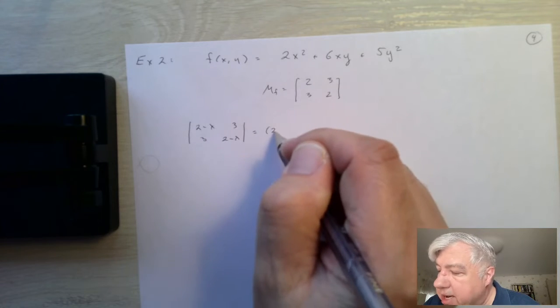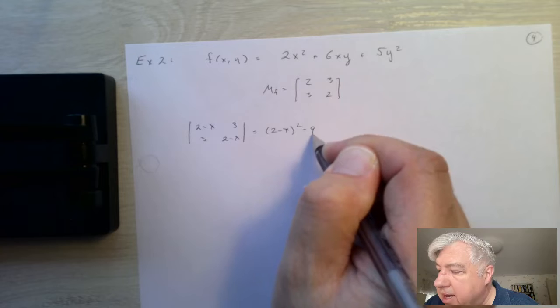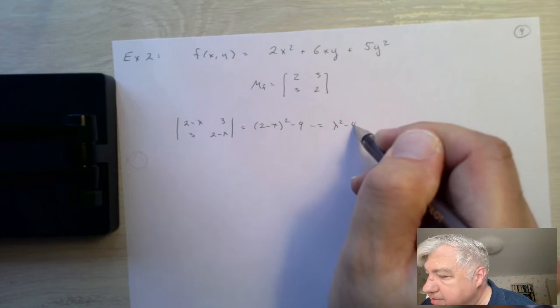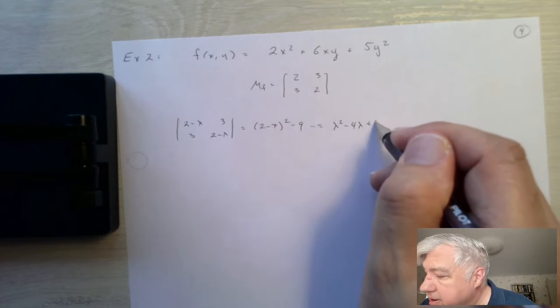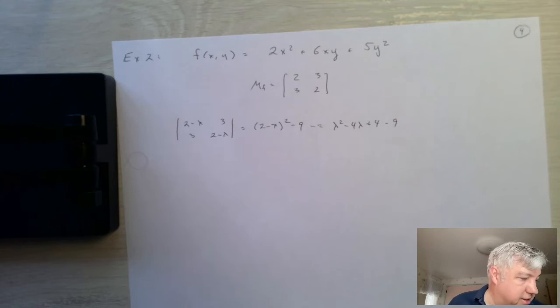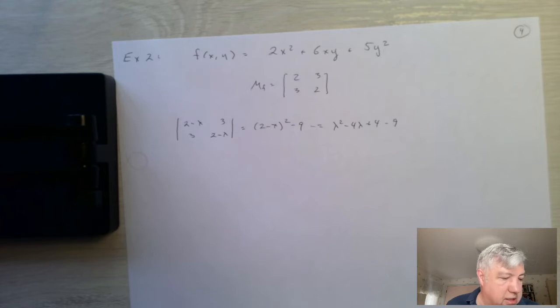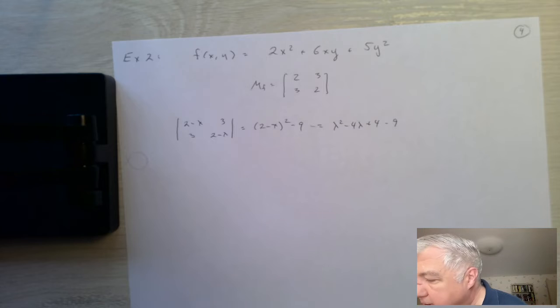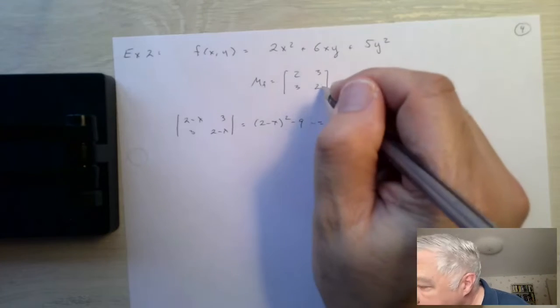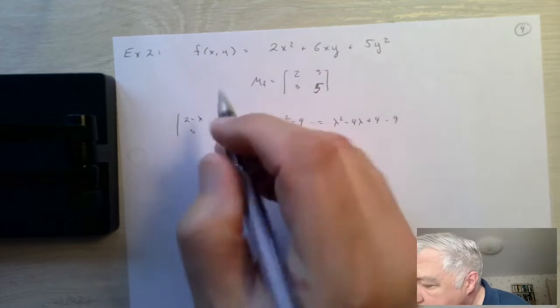That will be 2 minus lambda squared minus 9, which will be lambda squared minus 4 lambda plus 4 minus 9. Okay, if I didn't do something wrong, let me see. Oh, I see. Yes, I did do something wrong. This should be a 5. Okay. All right, so let's fix this.